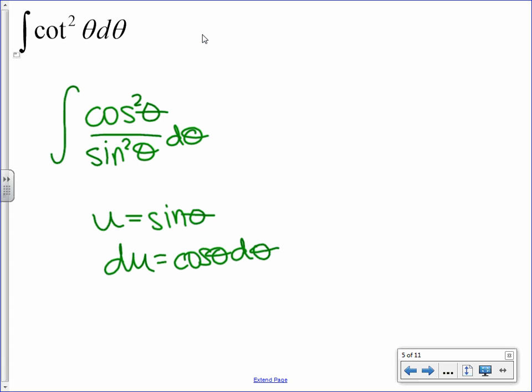That's negative cosine. No, it's not, because of the derivatives. If we let u be sine, our du is only cosine d theta. I have cosine squared d theta. No, because sine squared isn't inside anything.